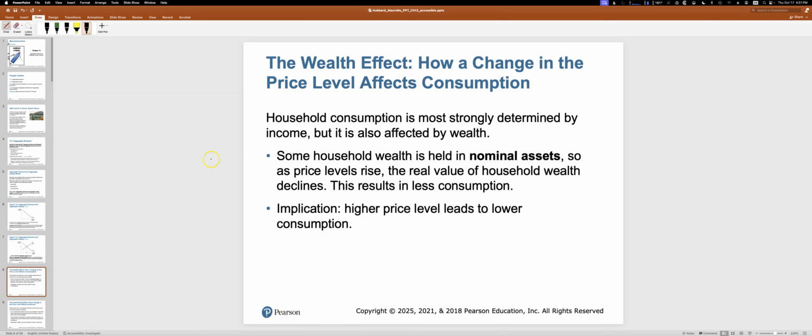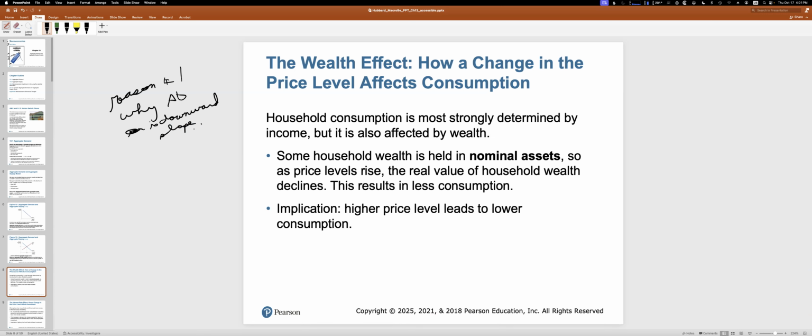So here, this would be reason number one why aggregate demand is downward sloping. For demand, way back in chapter 3, it was really easy.